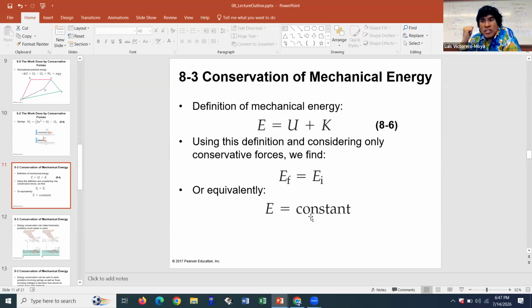If we cannot ignore friction, then we have to introduce the work done by friction, which is going to be an expansion of this. All right? So for now, we're ignoring friction, although you already know how to calculate the work done by friction. Okay? Now, why is the work done by friction negative?